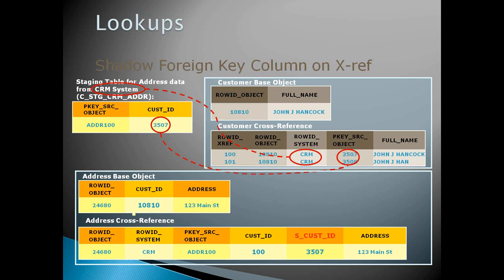In case it is not able to find this value, it will reject the address record, which is the normal thing, because if you are passing a wrong value in the child table, the record gets rejected. It is the same thing here also. If you are passing a value like 3510, which is not there in your parent table, the record will get rejected. But in this case, it is able to find the combination that for the CRM system 3507 is present.